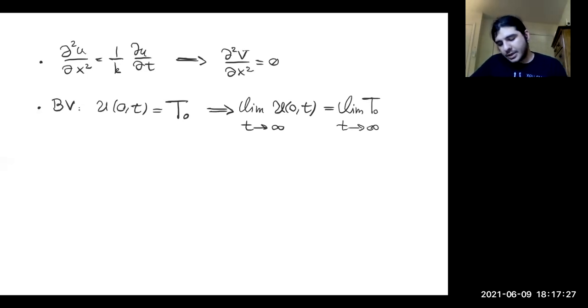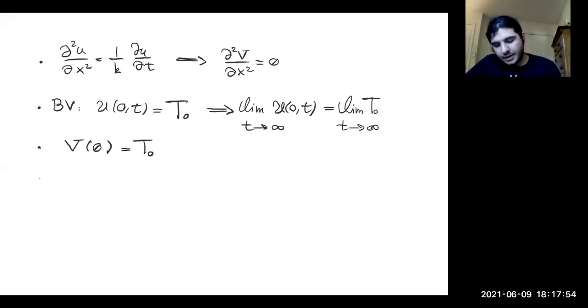By definition, the limit of u at any point x and t when t goes to infinity is v of that point. So in this case, it would be just v of 0. The right-hand side is a constant, so the limit doesn't have any effect. The boundary value condition becomes just v of 0 is equal to t naught.